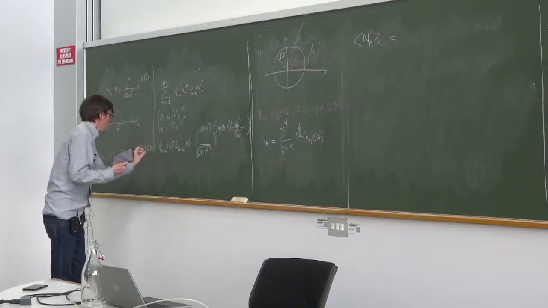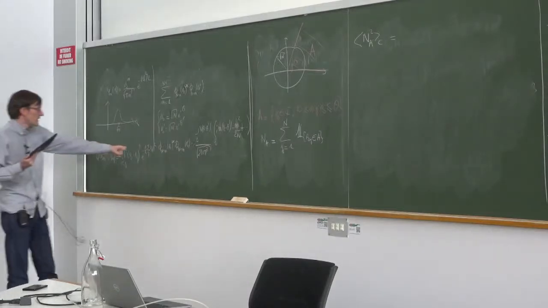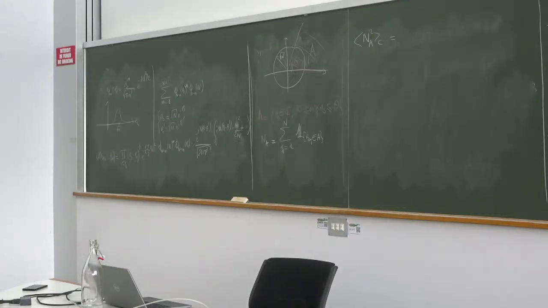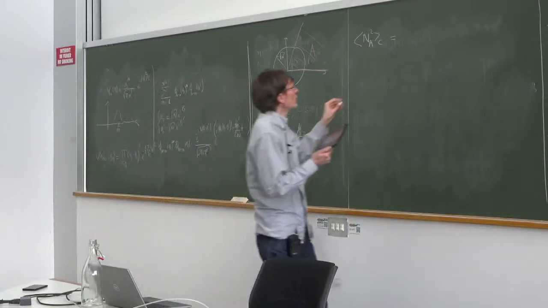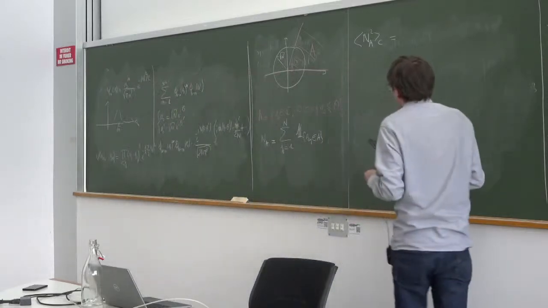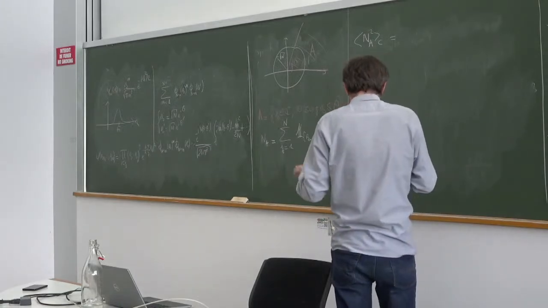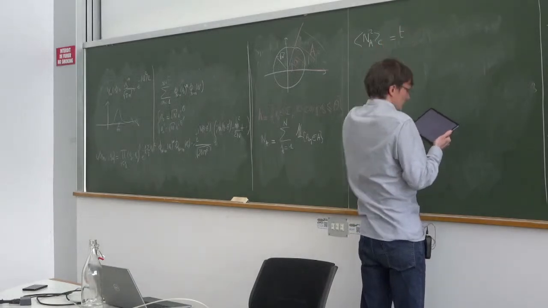And I should say for beta equals 1, what I will write I can prove, but otherwise I can't prove it. And you want to look at this for large n, so for large particle number. How does this scale?